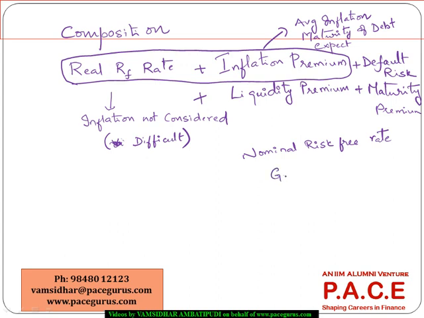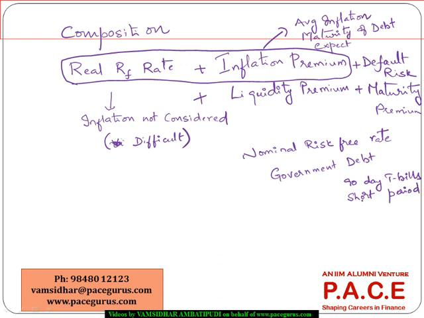Generally, we see that government debts, probably a government debt of, let's say, 90-day treasury bills, whatever is the interest rate associated with this short period, because the moment I go for a longer period, maturity premium is going to come into picture.